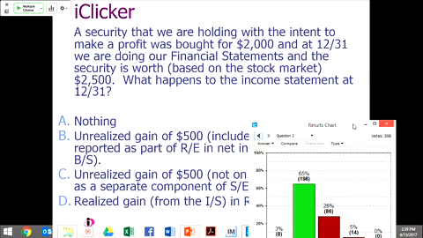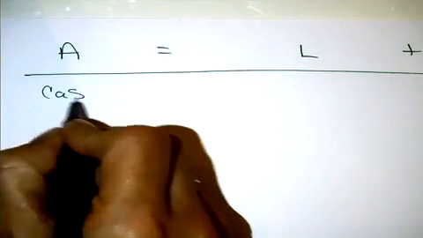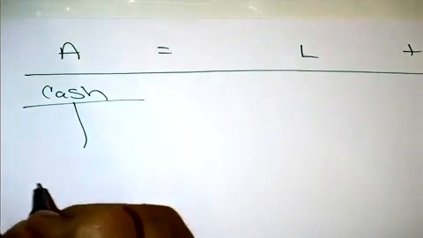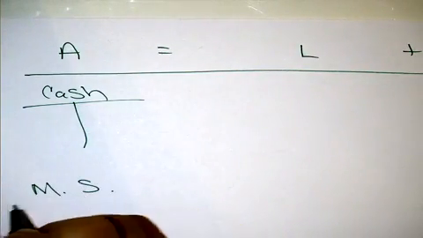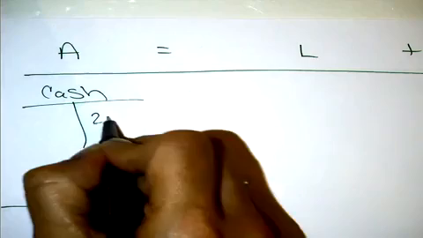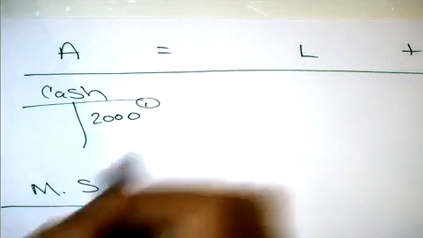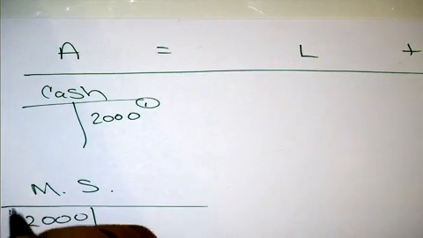We bought a security. The security was $2,000. All I did was take cash. I had extra cash, excess cash, MS, marketable security. I used my excess cash to purchase an investment.